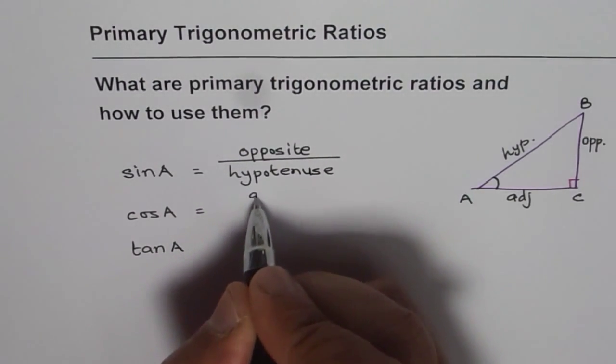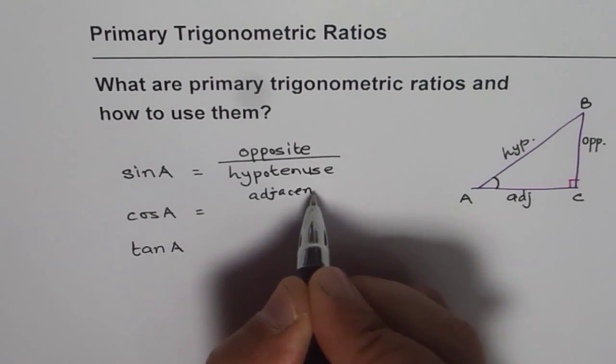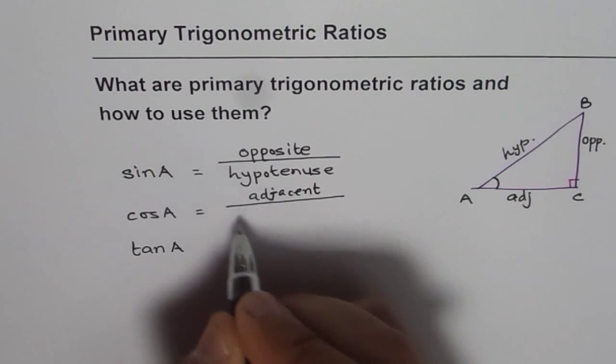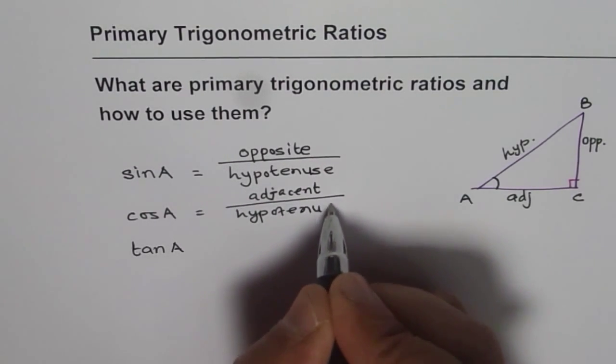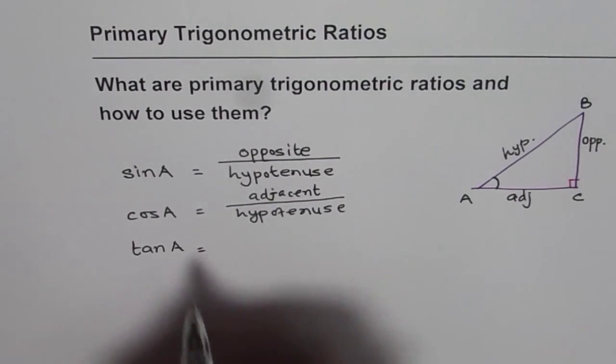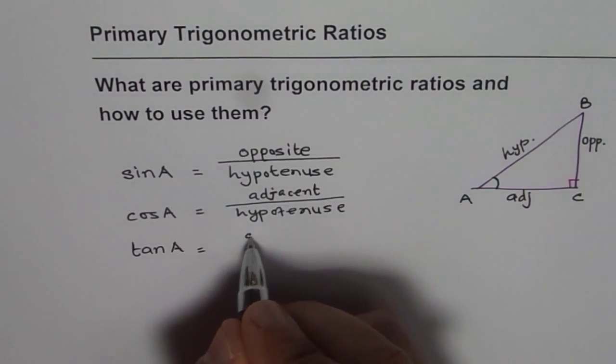Cosine is adjacent side over hypotenuse. And tangent A is opposite over adjacent side.